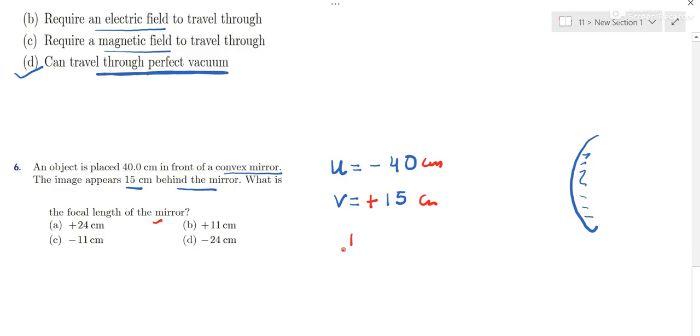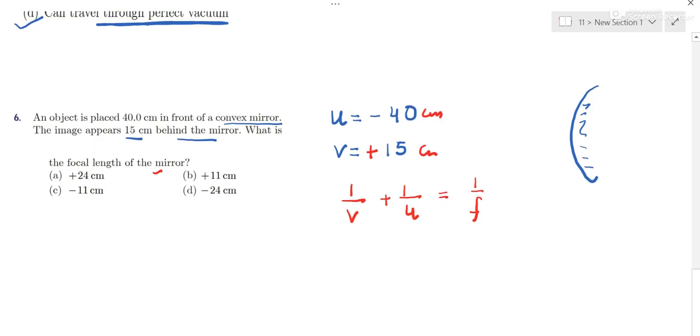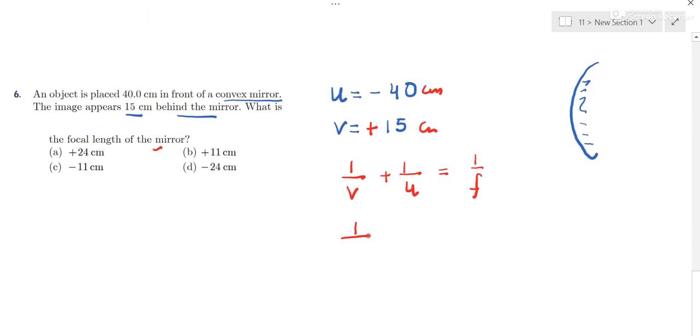So we can use mirror formula 1 by V plus 1 by U is equal to 1 by F. Let us substitute: 1 by minus 40 plus 1 by 15 is equal to 1 by F. So we'll take LCM.